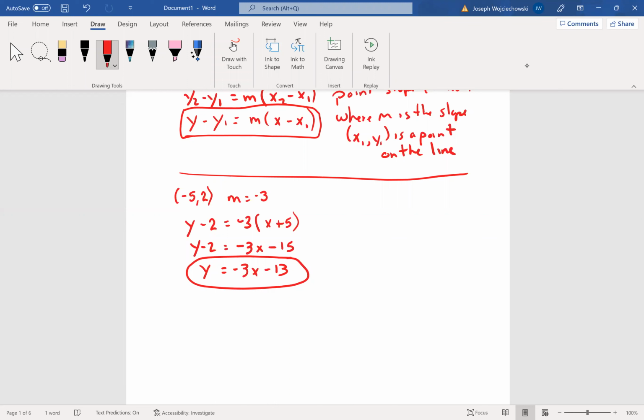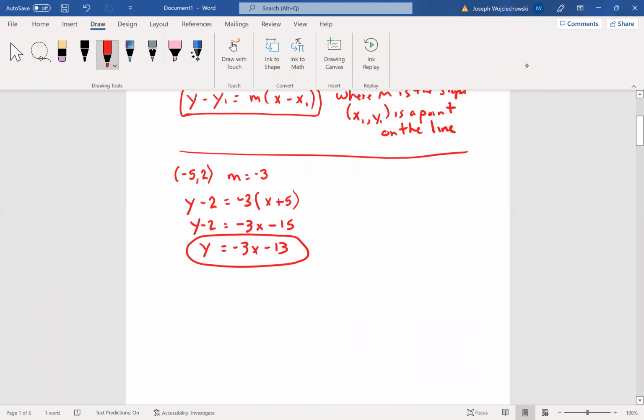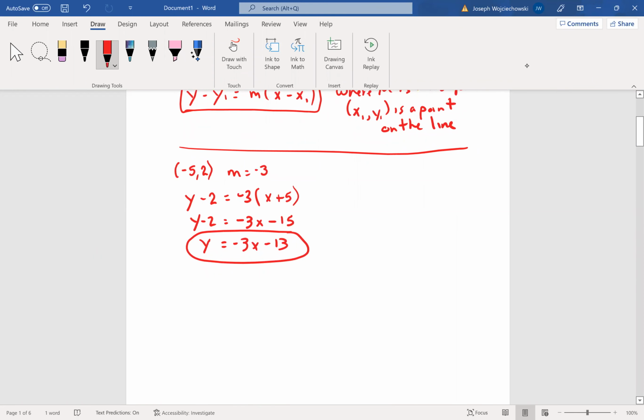Okay, life would be easy if we were always given a slope and a point on a line. However, what if I'm given 2 points? Say 2, -5, and 7, -3. So what can I do here? Well, I have 2 points that are on the line.